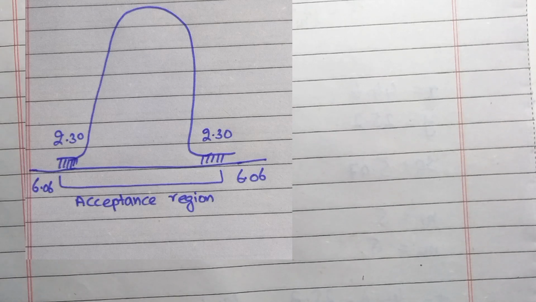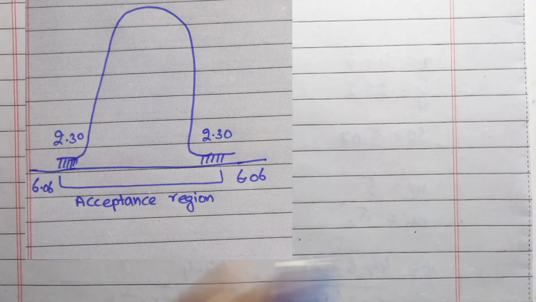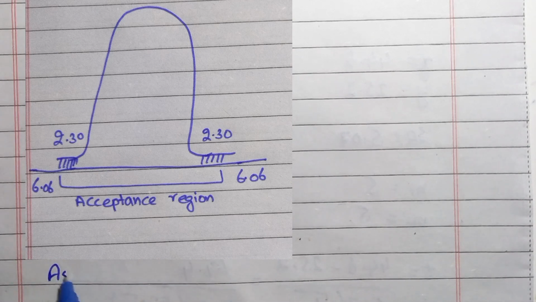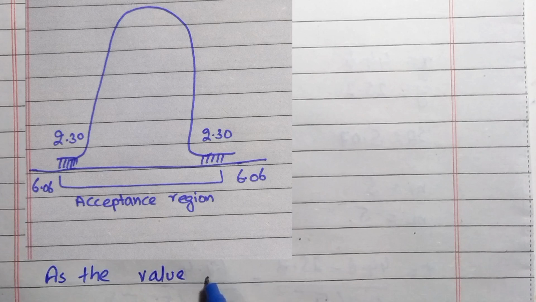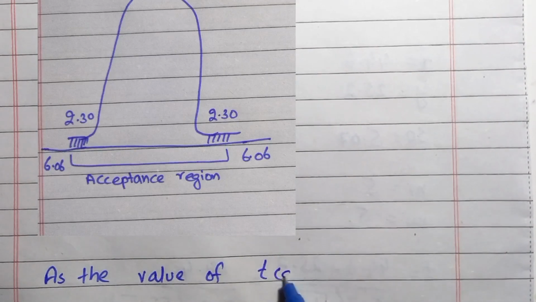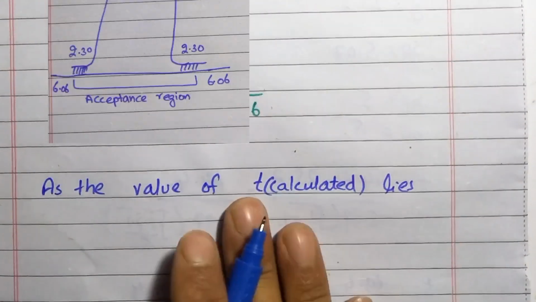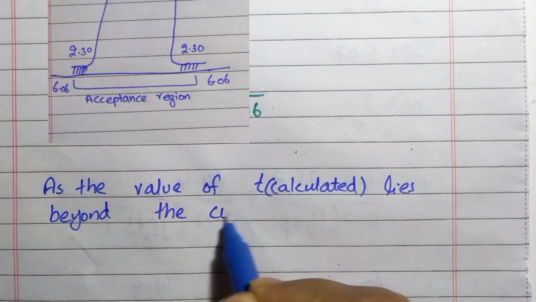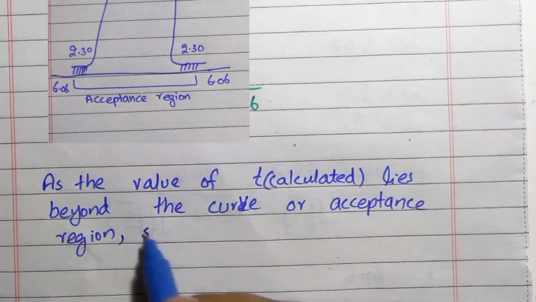You can see here that t tabulated is 2.30 on both sides of the curve. We have written it on both sides because it is a two-tailed t-test. 6.06 is the calculated value of t. For a two-tailed test, it is also written on both sides of the curve, as the value of t calculated lies beyond the acceptance region.